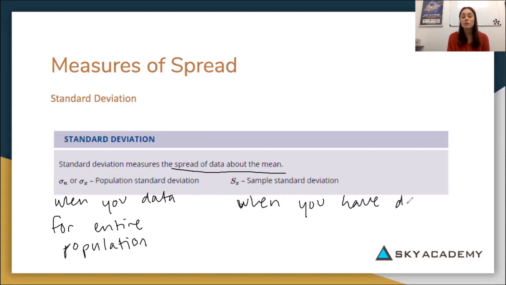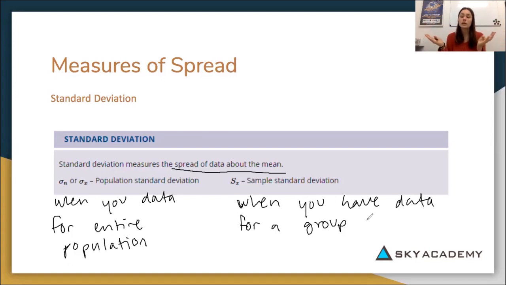So it could be that you have the data for people who entered the Coles store in Erina Fair between the hours of 2 and 3 p.m. So you just have a group of people compared to the whole population that entered the Coles store that day.